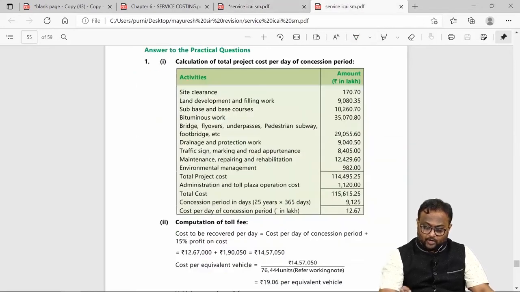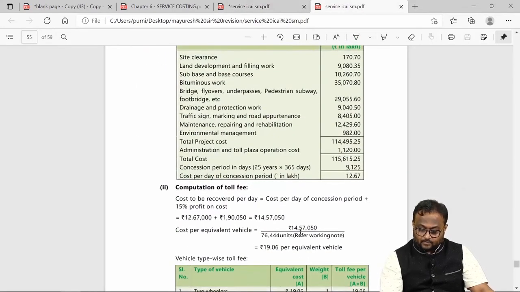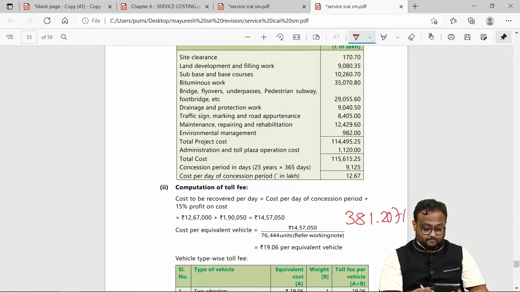So what you can do is, this 14,57,050 will be divided by 3822.2 weighted average vehicles. So your average toll will be 381.2071 something.